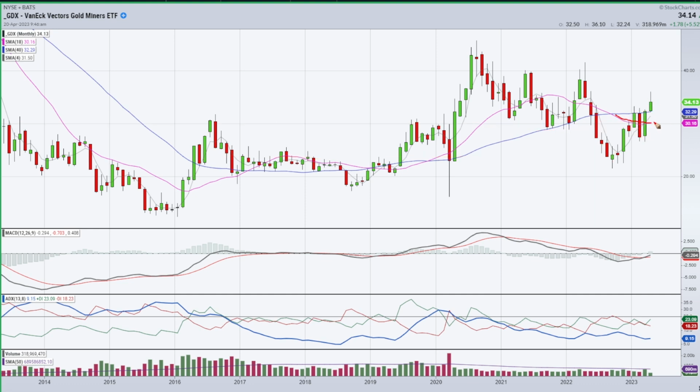And what that's allowed this 18 to do, it was declining here as we started 2022, and now it's starting to flatten out. If we can use the 18 as support on a reversal or a move back, any kind of minor pullback, and the MACD holds as well, we have to start thinking that things are starting to shift back to the upside.